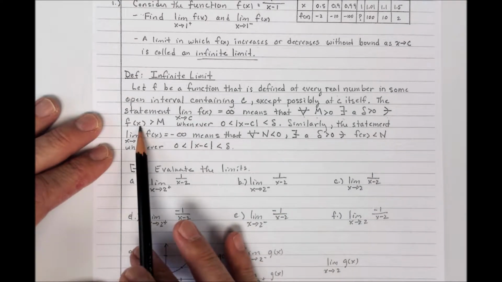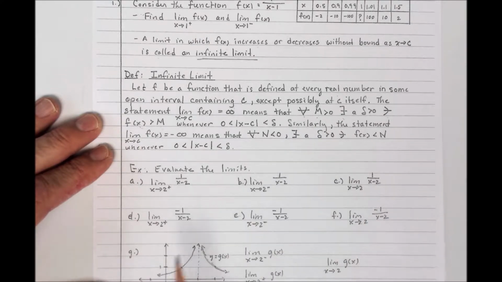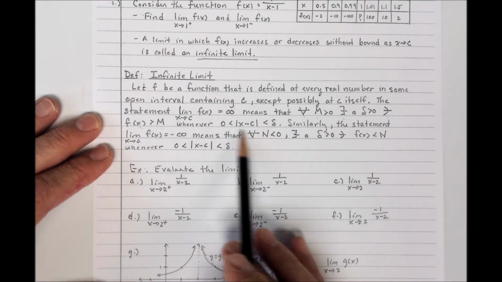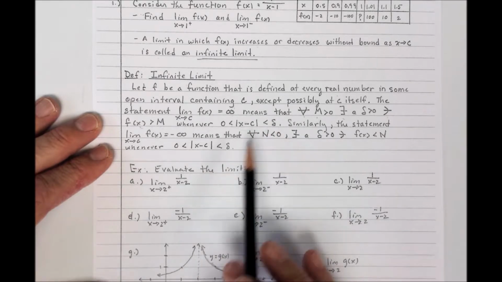So the closer we get to c, the larger f of x becomes. The larger our y value becomes, greater than M. So you pick an M, I can find one that's even bigger, whenever, of course, x minus c is less than some small positive number delta.